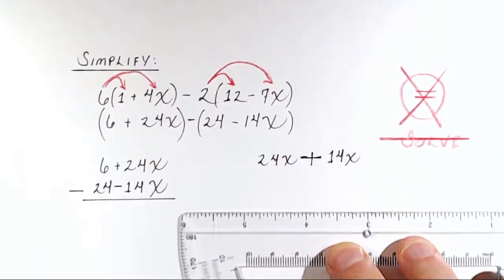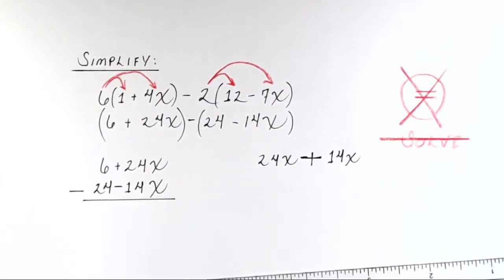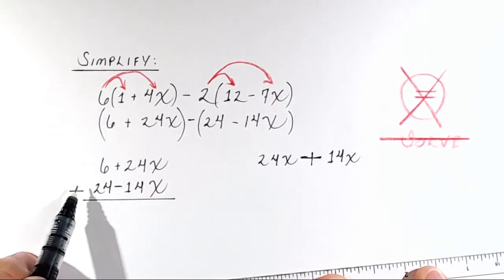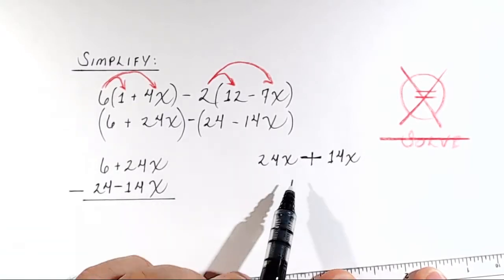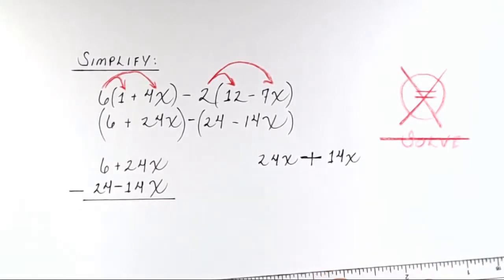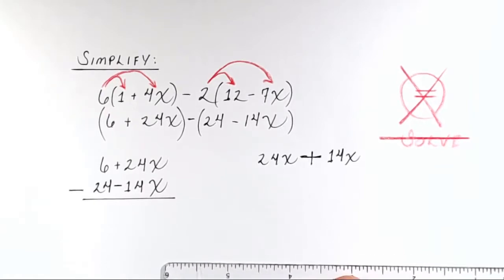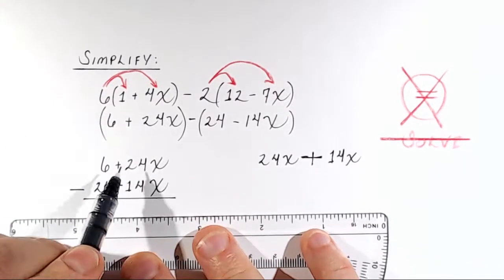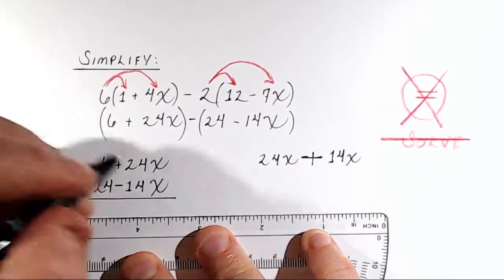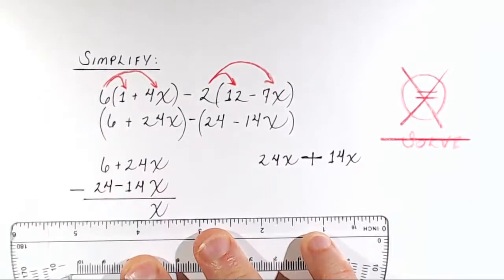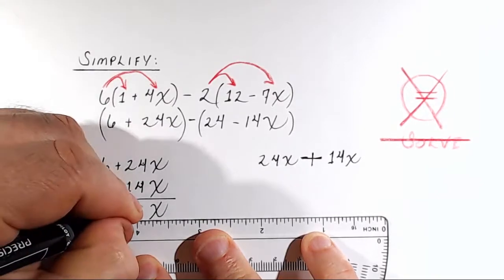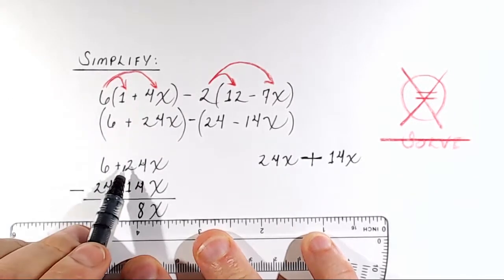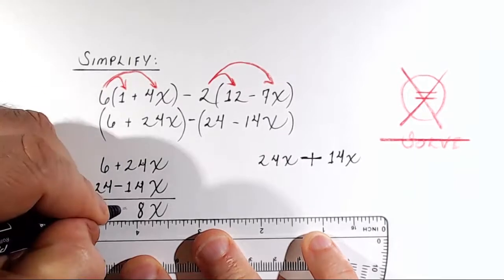Okay? So 24x minus negative 14x is really 24x plus 14x. Well, what is 24x plus 14x? Well, let's find out. We'll just add these up. So the x just comes along for the ride, and now I add 4 plus 4, and that gives me 8, and I add 2 plus 1, and that gives me 3.